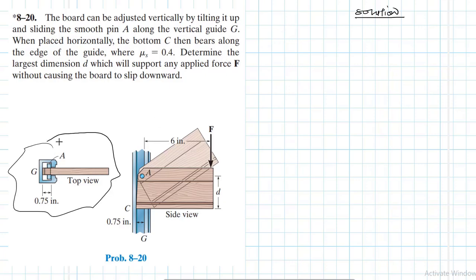When you apply the force here, you expect some reaction force there, and then you expect some normal force there, which we call NC, and some friction force FC, like so. So let's draw that quickly.